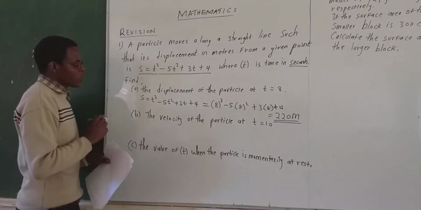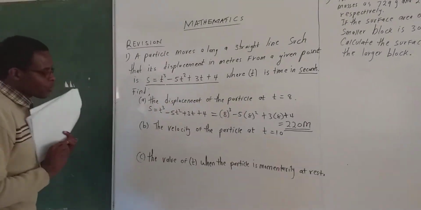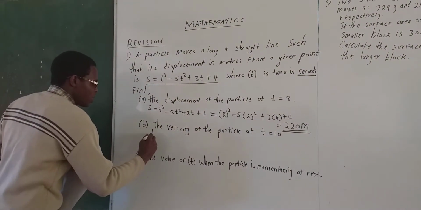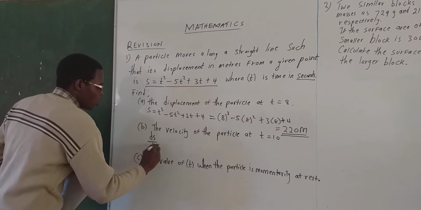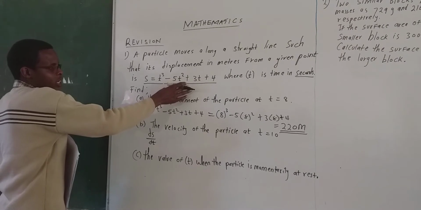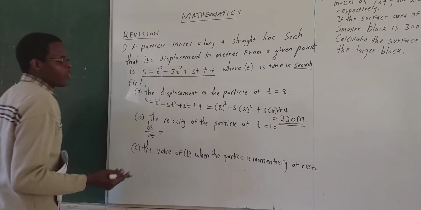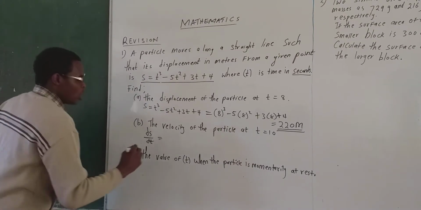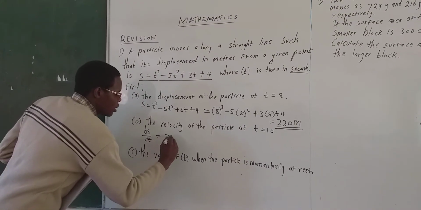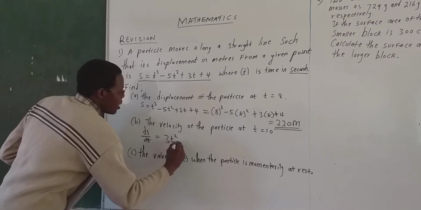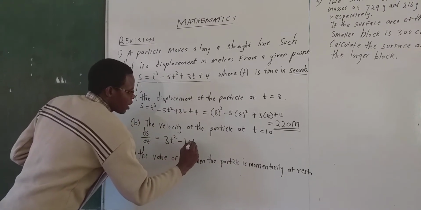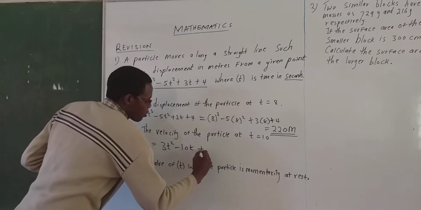When you differentiate this expression, we have ds over dt. You know how to differentiate: this power comes here, and this one reduces by 1. So we are going to have 3t squared minus 10t plus 3.